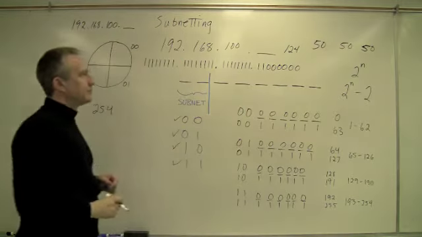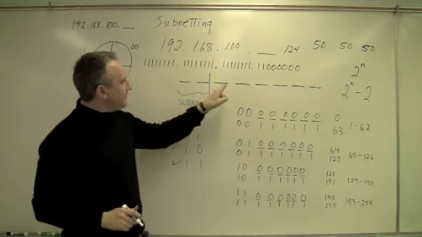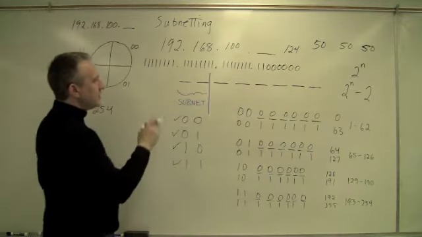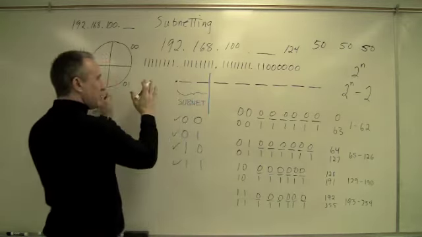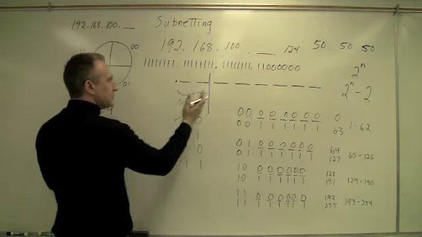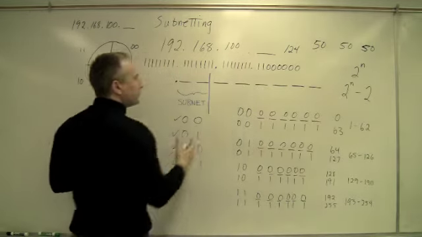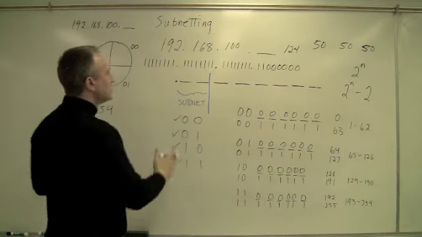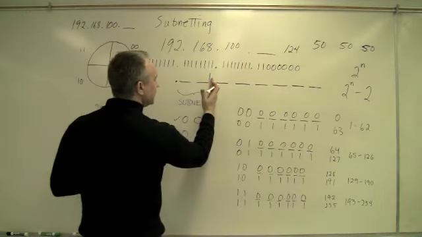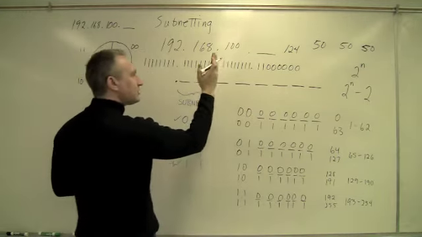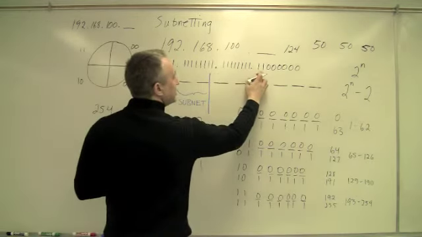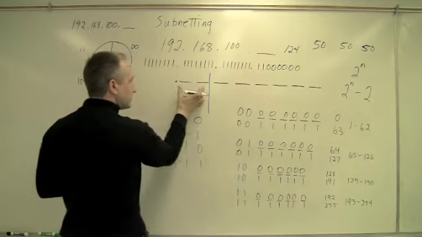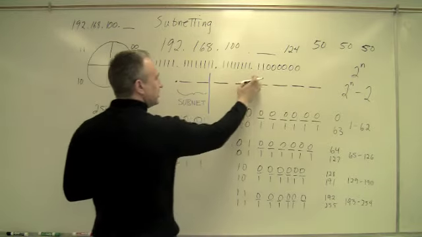Like that. That's the effect of doing this. The original default mask meant that the division between network bits and host bits was here. We've altered that to move it over to here. So now we have to alter our subnet mask to reflect that. And we do that by changing these 2 bits to correspond to the 2 that we borrowed to 1s.